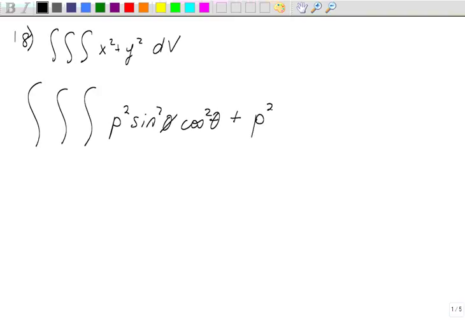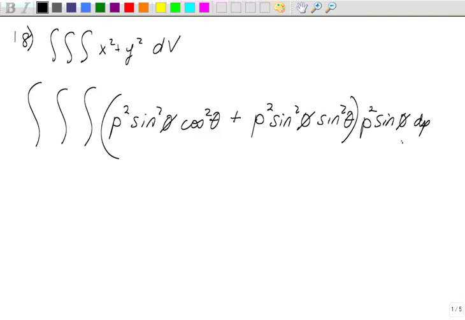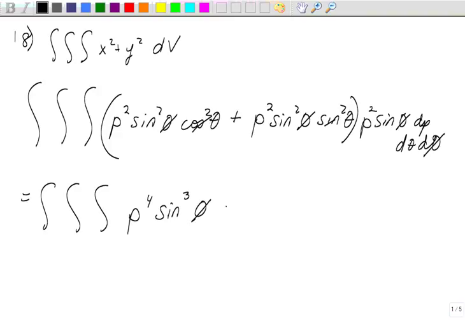Y squared is going to be rho squared sine squared phi sine squared theta. And then I have this times rho squared sine phi d rho d theta d phi. Well, cosine squared plus sine squared is 1, so this is just the integral of rho to the 4 sine phi.